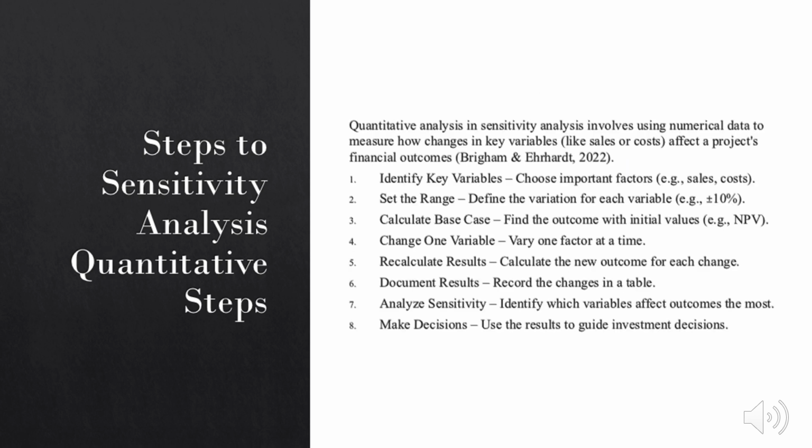So next we'll talk about steps to sensitivity analysis, quantitative steps. Quantitative analysis in sensitivity analysis involves using numerical data to measure how changes in key variables affect a project's financial outcome. The first step is to identify key variables and choose important factors.